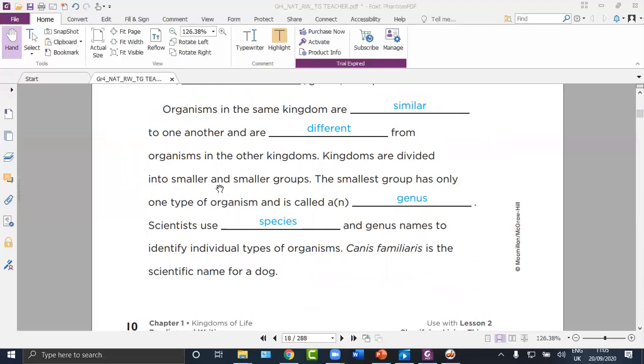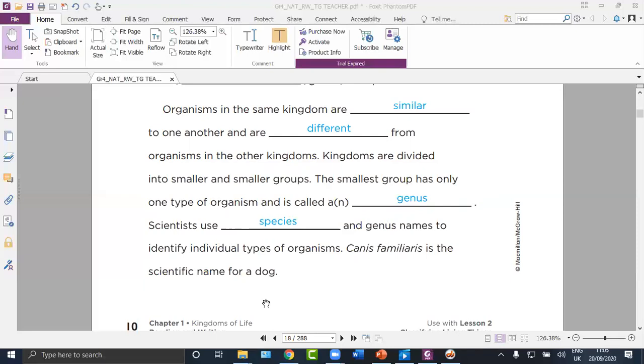Kingdoms are divided into smaller and smaller groups. The smallest group has only one type of organism and is called species. Scientists use species and genus name to identify individual types of organisms.